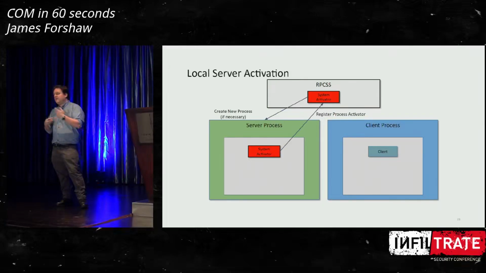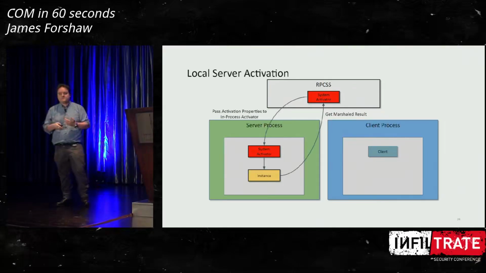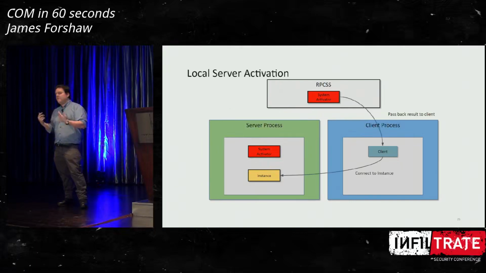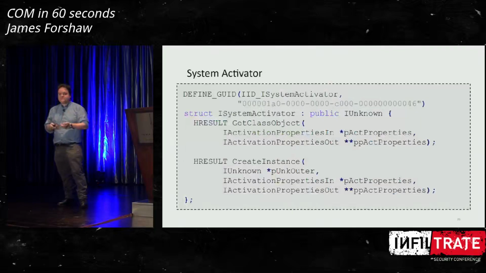And this is basically, because it's exactly the same object effectively, this allows RPCSS to just funnel activation information directly to that server process. RPCSS then goes, okay, activate me this object. The server process goes, sure, I know what you're talking about. I implement that class ID. It creates an instance and marshals back some sort of information to RPCSS, which goes back to the client process, and the client can now connect to the instance.